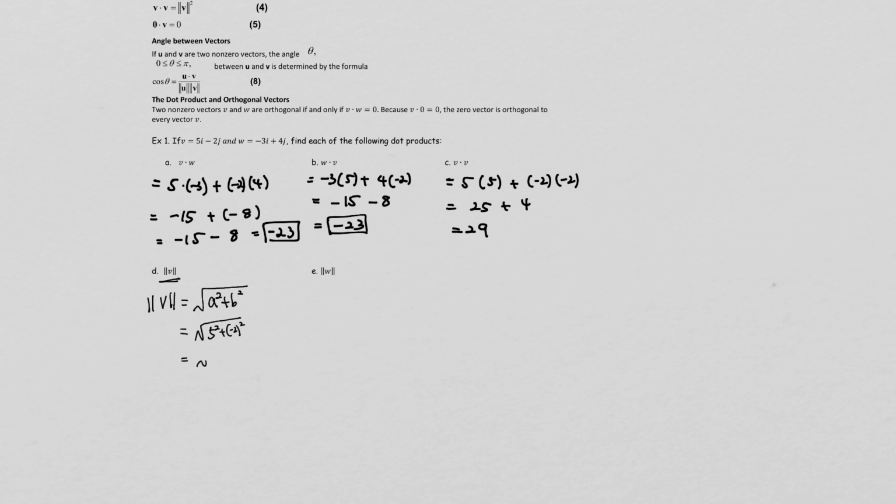You will get 25 plus 4, which is going to be the square root of 29. So the magnitude of w is going to be the square root of negative 3 squared plus 4 squared, which is 9 plus 16. So you end up getting the square root of 25, which is 5. So that's how we're going to find the magnitude of the given vector.